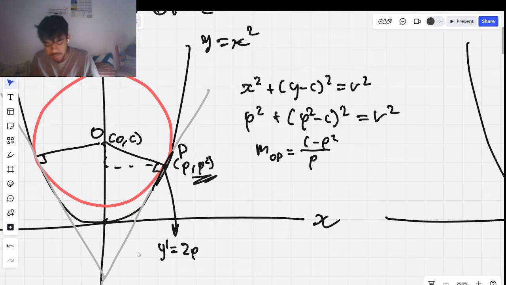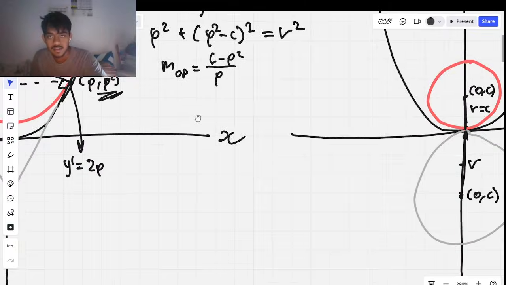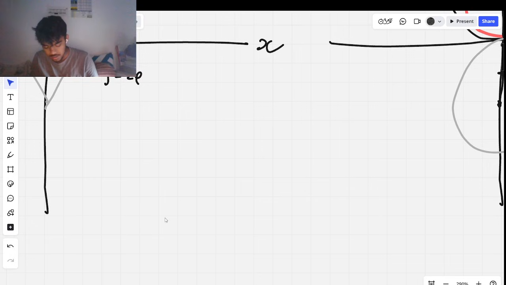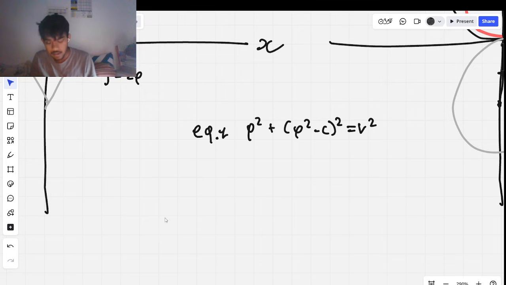I'm going to rewrite what we know so far. So we know that p squared plus (p squared minus c) squared is equal to r squared. That's my equation 1.